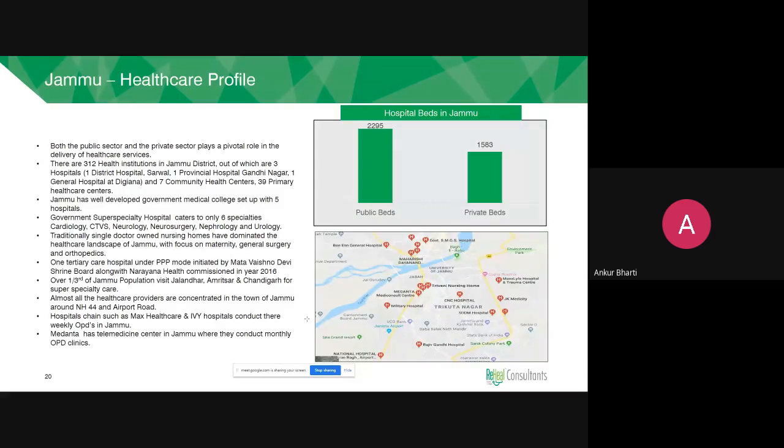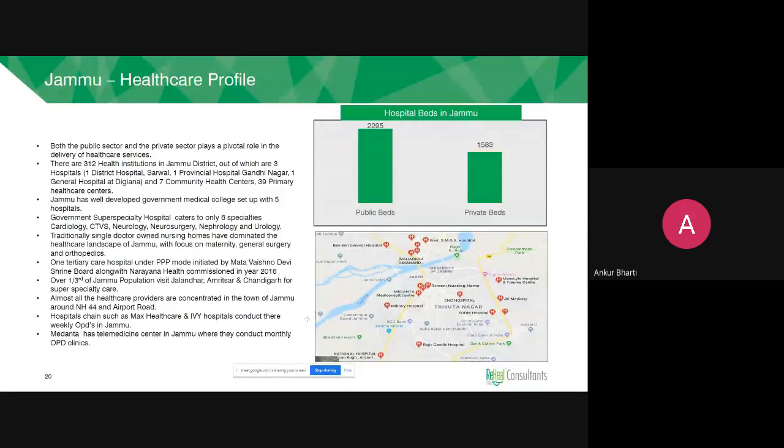Rarely in India. It could happen in tier 3 and tier 4 cities, where you don't have larger hospitals and almost all the hospitals are nursing homes. Still, if you add up nursing home beds, most cities would have more hospital beds in the private sector rather than the public sector, and that was the difference in Jammu.